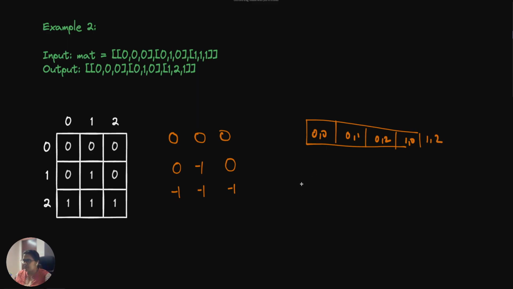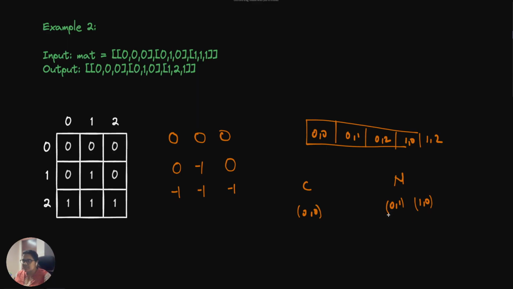At every point we will take the first node in the queue. Initially we'll take 0,0. What are the neighbors of 0,0? 0,0 has 0,1 and 1,0 as neighbors. For each neighbor, we see if it is unvisited.